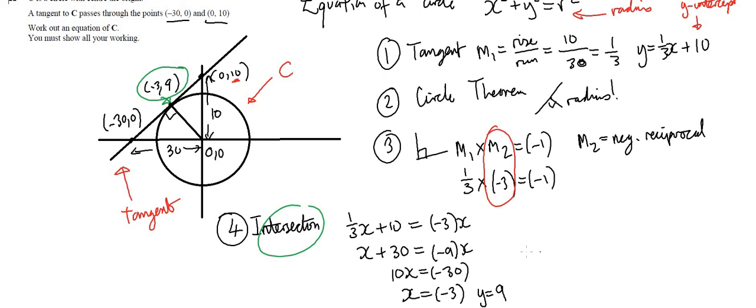Okay, we're almost there. Now we just work out the radius. So the distance from our point of intersection, which is on the circumference, to the center is our distance. Now, I can turn this into a triangle.